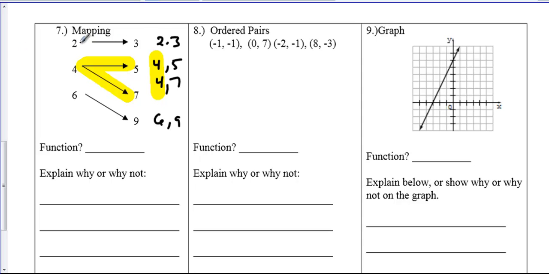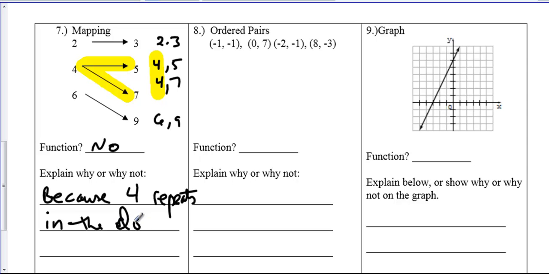We want 1 to 1, meaning this goes from 1 to 1. But as soon as we get one number that breaks the rule, is this a function? No. Why? We could say because 4 repeats in the domain. You're not allowed repeats in the domain.